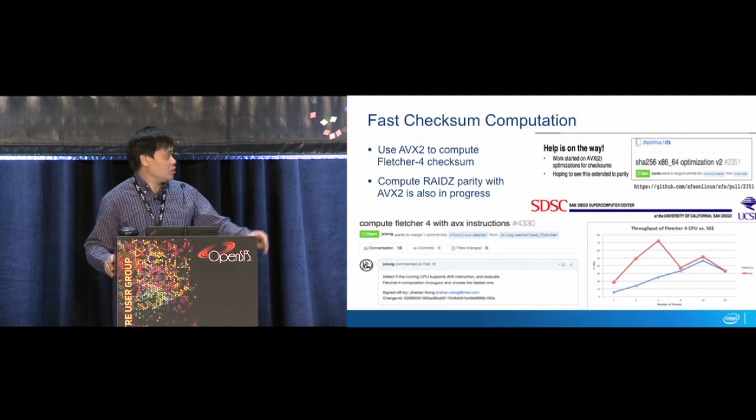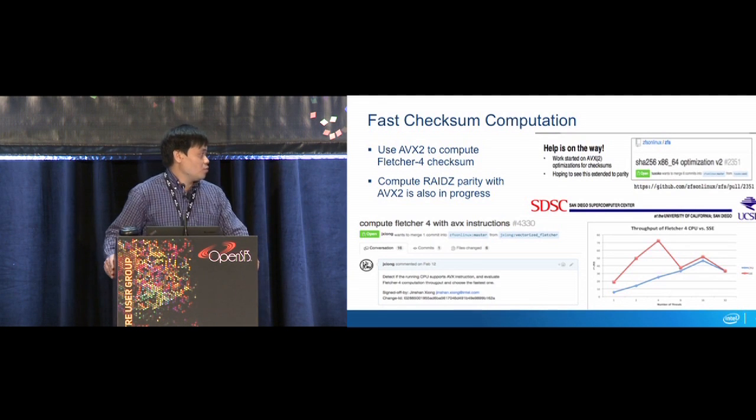So we contributed Fletcher 4 with AVX instructions to the ZFS community, and the patch will be, I guess, merged in ZFS 0.7.0, if I remember it correctly.